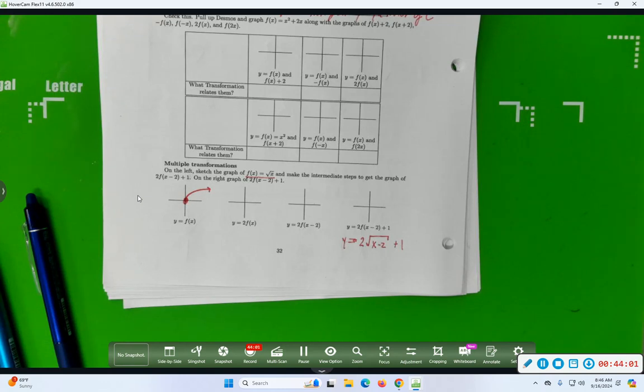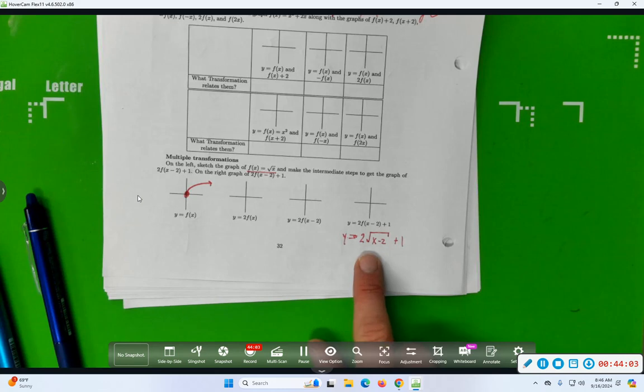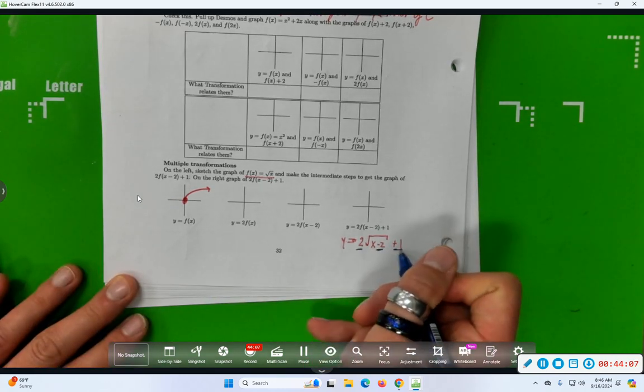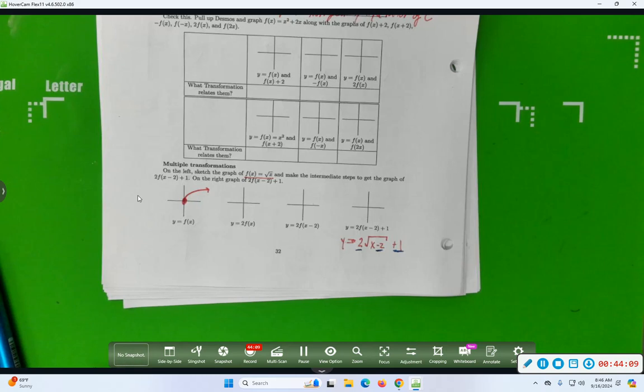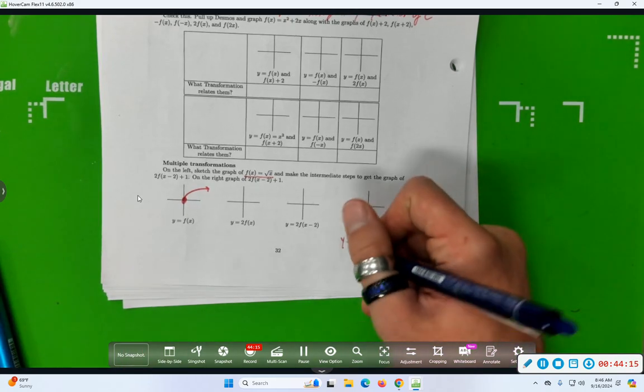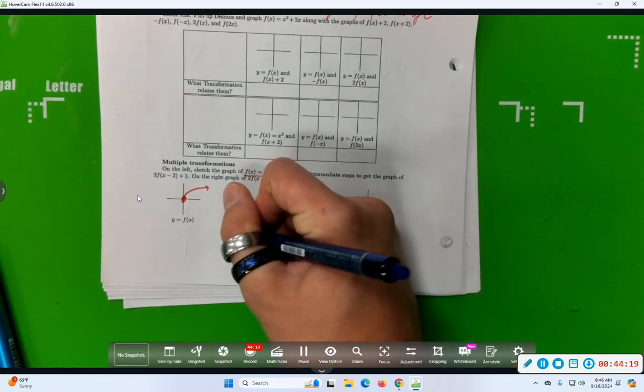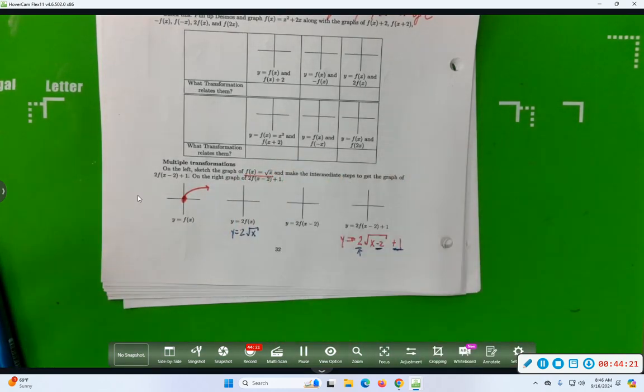So here's what I'm going to do. There's the function that I'd like to get. I am going to apply transformations corresponding to each of those moves one at a time, and in a particular order. So first, let's deal with this 2. So let's get the graph of y equals 2 times the square root of x.